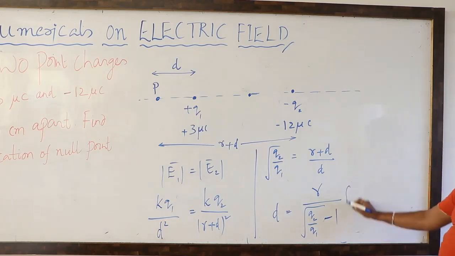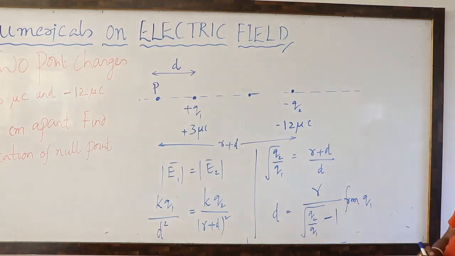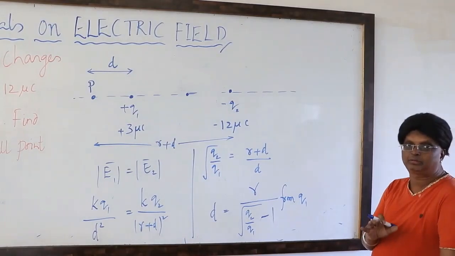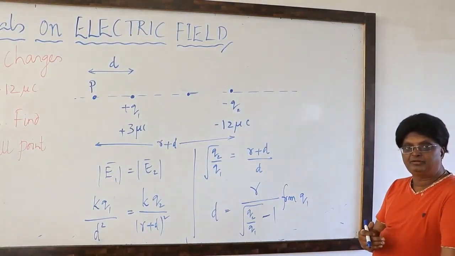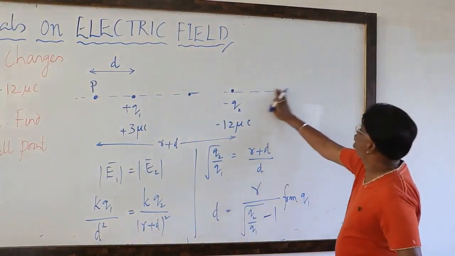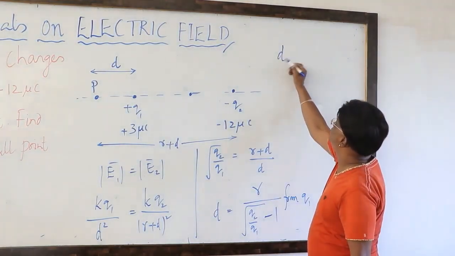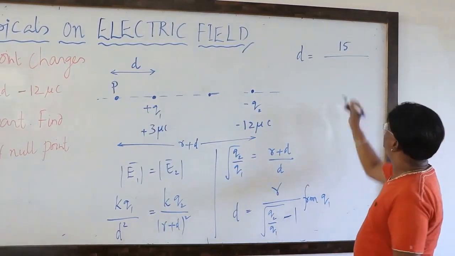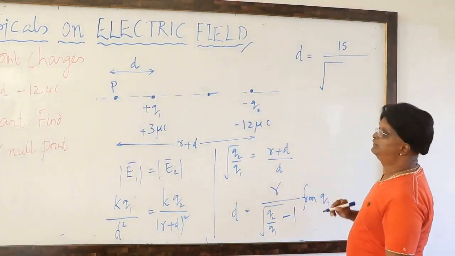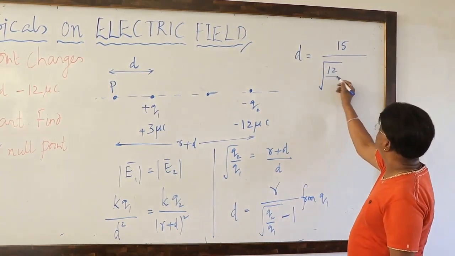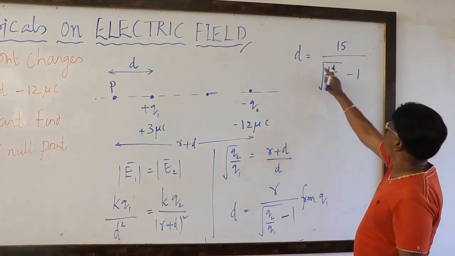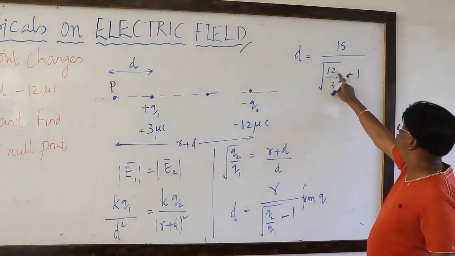Minus 1, of course, as usual, it is from Q1. And what is the meaning of Q1 I have taken? Remember, Q1 is the charge from which we are calculating the distance of the null point. Therefore, in the substitution, I will do it in two ways. D is equal to the original distance 15 centimeter by, if I write it as 12 microcoulomb by 3 microcoulomb, minus 1, this under root 4 becomes 2, minus 1.